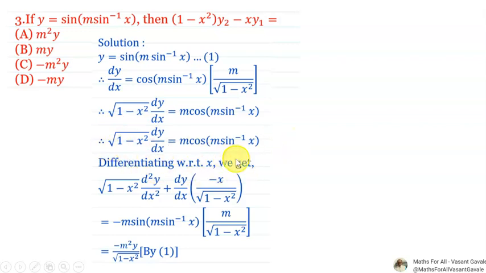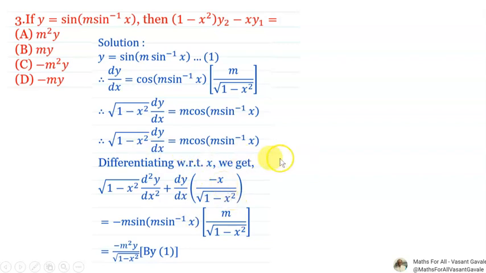Now again differentiate this with respect to x. Keep this root of 1 minus x square as it is. Derivative of dy by dx is d2y by dx square, plus dy by dx into derivative of root of 1 minus x square, which is 1 upon 2 times root of 1 minus x square into derivative of 1 minus x square, which is minus 2x. Numerator and denominator, the 2 gets cancelled there.